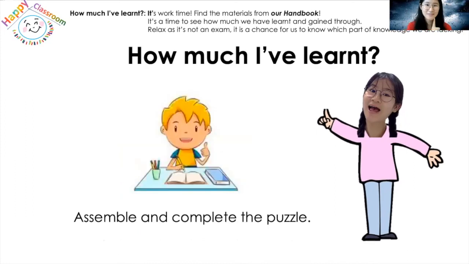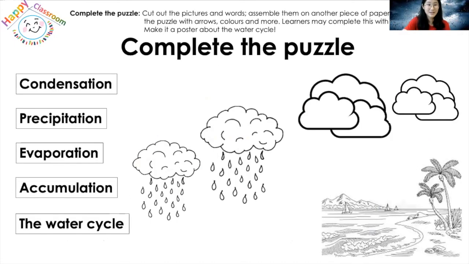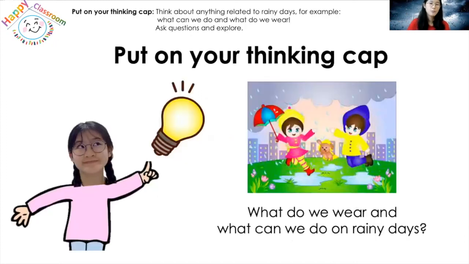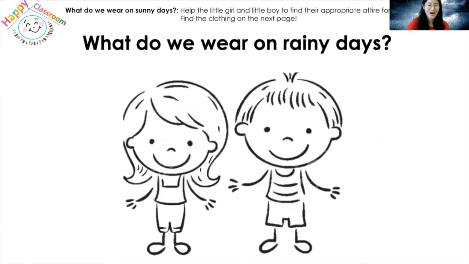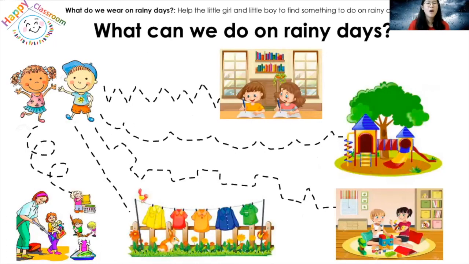Then, last but not least, let's assemble and complete our own puzzle. We have condensation, precipitation, evaporation, accumulation, and the water cycle. Let's complete our own puzzle of the water cycle. And last but not least, put on your thinking cap. Let's think about what we wear on rainy days and what we can do on rainy days. That's all for our How Much I've Learned and Put on Your Thinking Cap activities.